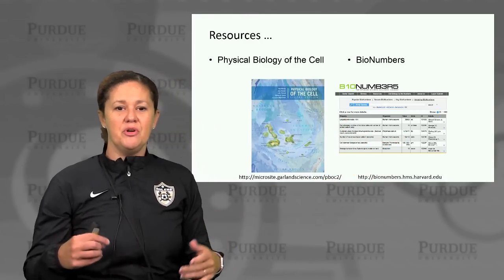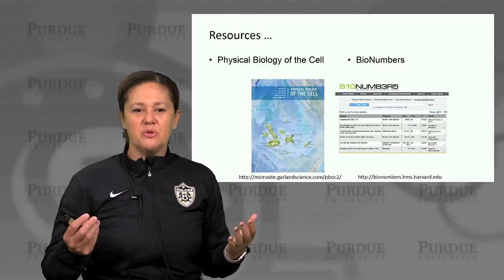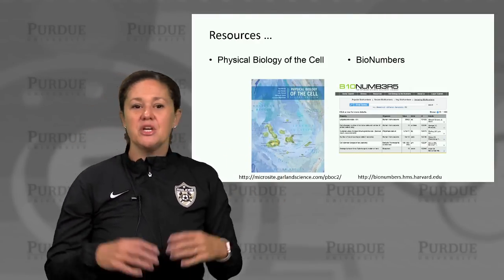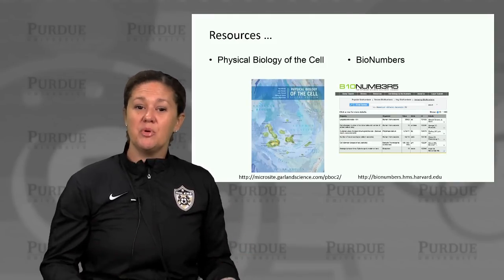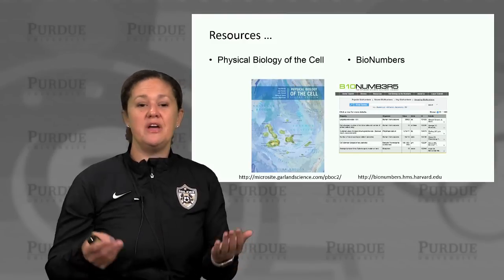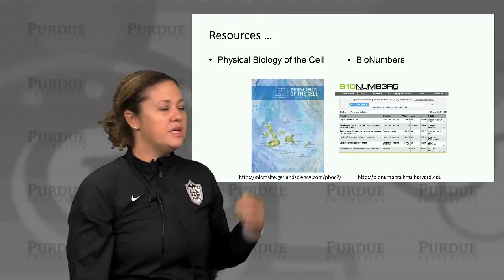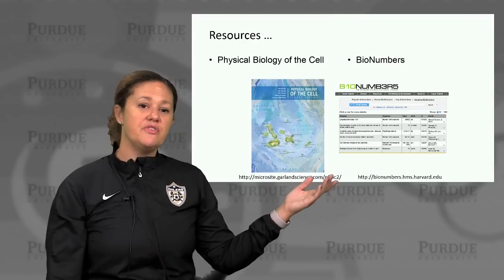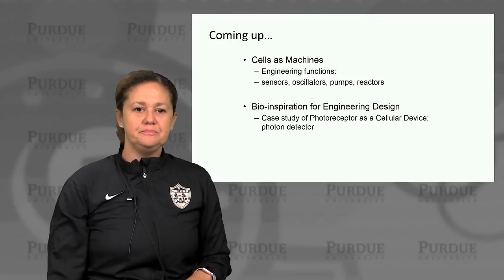So if, for example, you forget some of your rules of thumb and wonder what the volume of an E. coli is, you can go to BioNumbers, search that, and find places where people have actually measured and reported this. Same thing for something like a typical half-life of mRNA in a mammalian cell or an E. coli. BioNumbers would be a great place to quickly find that curated number along with a reference.